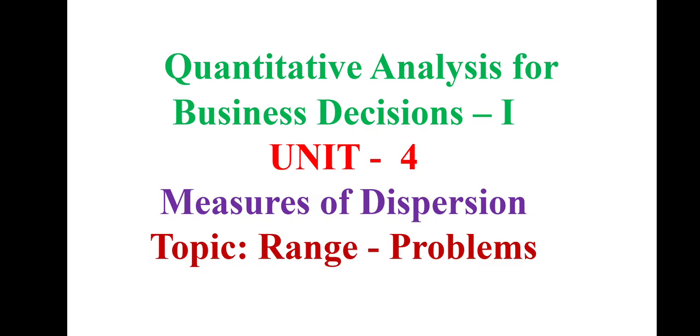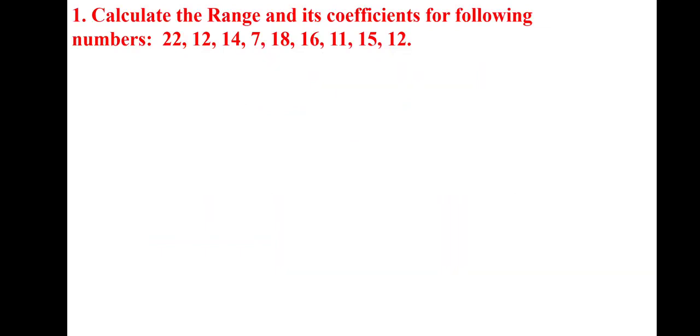I am now explaining how to solve problems, how to find range. Here, individual series of observation. In this unit, we studied absolute measure and relative measure. Absolute measure means what we get according to the formula. Based on the absolute measure, we find the relative measure, which is called the coefficient. For each method we will get a coefficient.